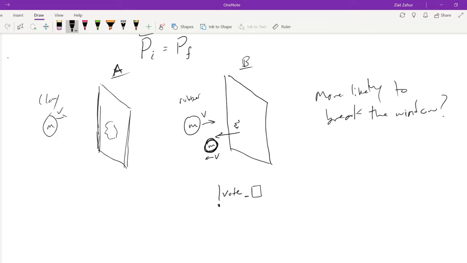Ooh. Oh man, we're nearing 50-50. We have a 4-3 ratio. Or is it C? Yeah, it cannot be.